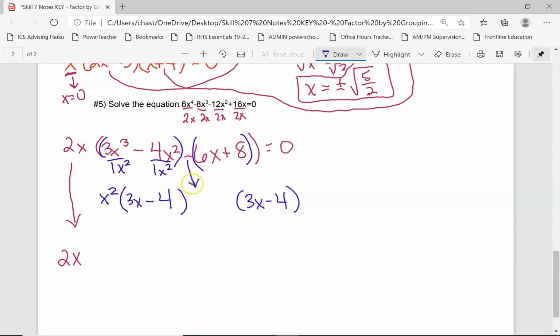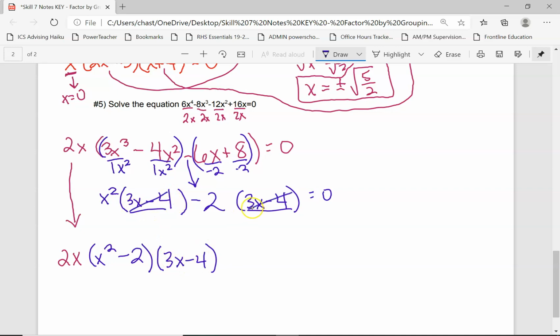I have a minus sign in the middle, and it looks like in order to make these 3x minus 4s, I'm dividing by -2. Okay, so now my groups are the same. My GCFs are made up of x squared minus 2, and then 3x minus 4.